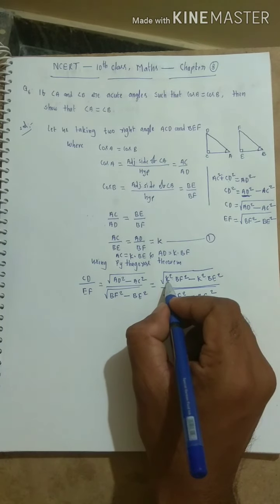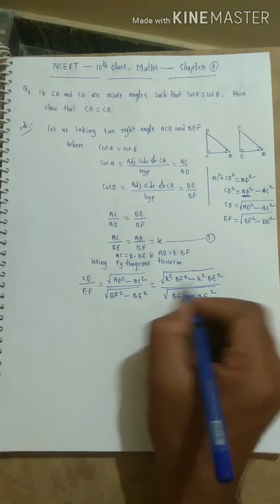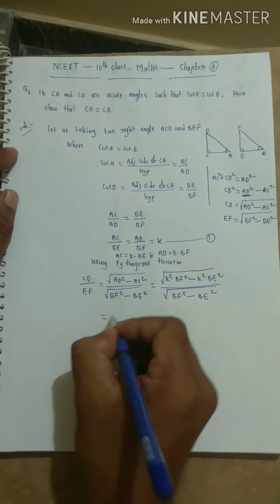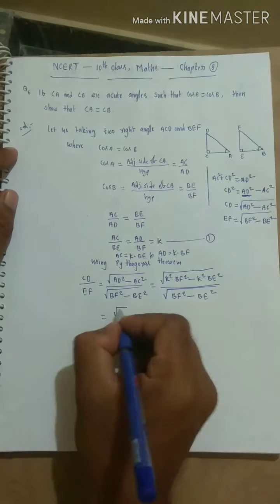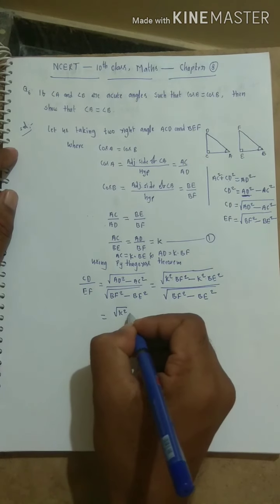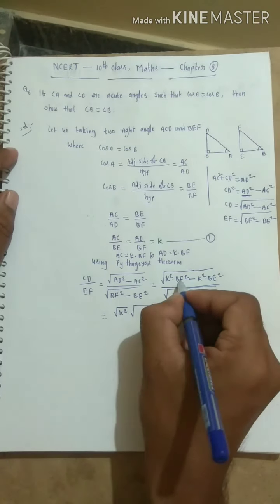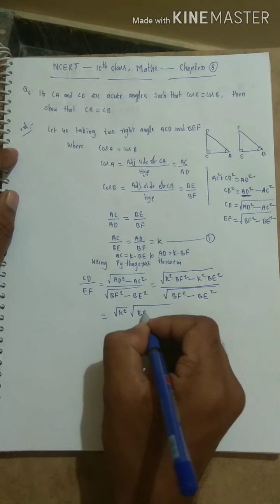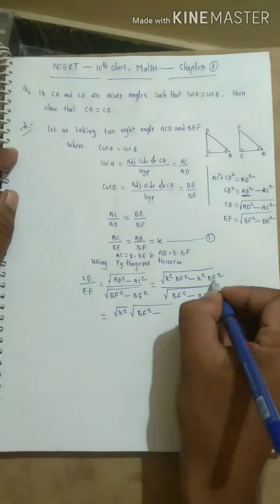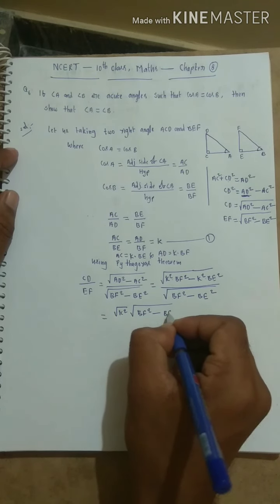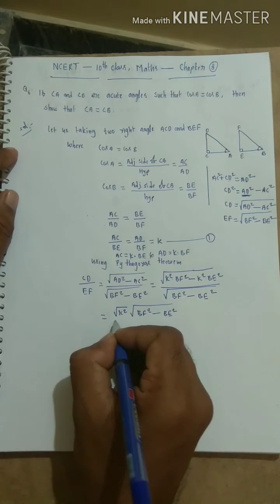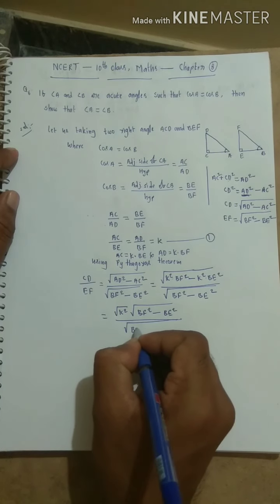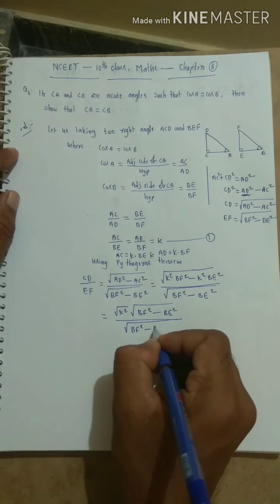Here the common term is K square, here also K square. Taking K square common, the square root of K square, and the remaining terms are BF square minus BE square, upon the square root of BF square minus BE square.